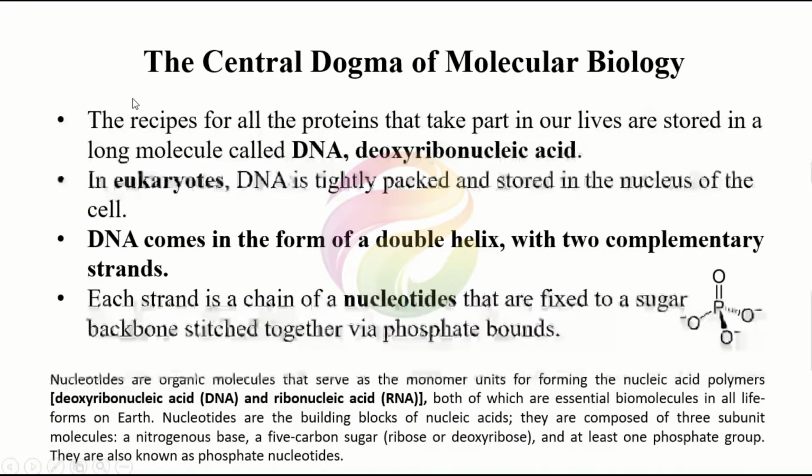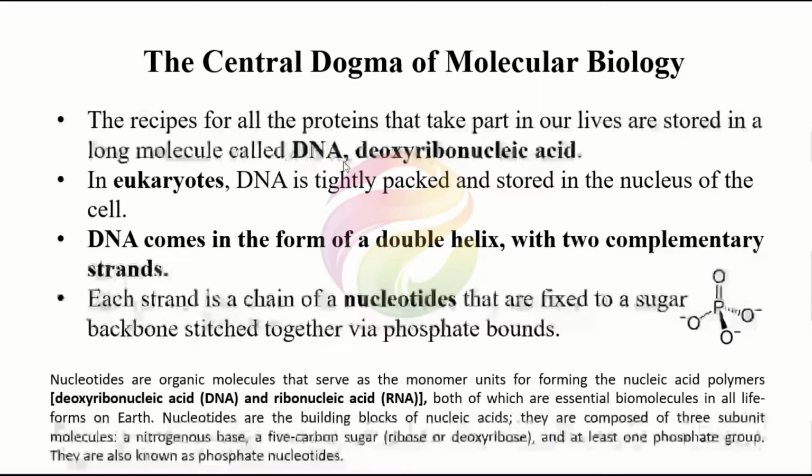So we understood that DNA is transformed into RNA, a process called transcription, and the transformation from RNA to protein is called translation. We were talking about how we will get the recipe of proteins. Now is the time. The recipe for all the proteins that take part in our lives is stored in long molecules called DNA.